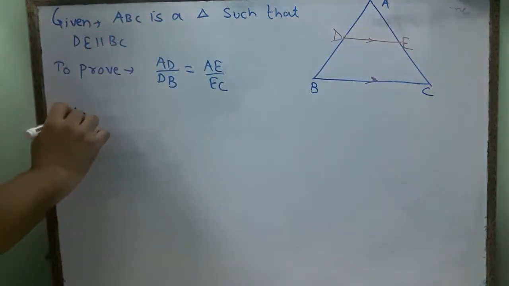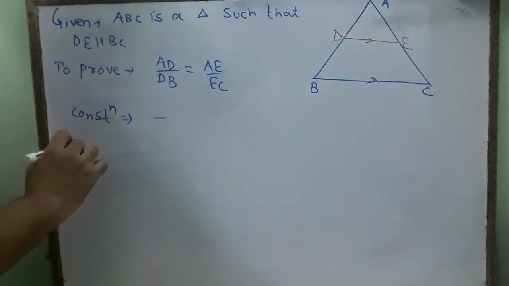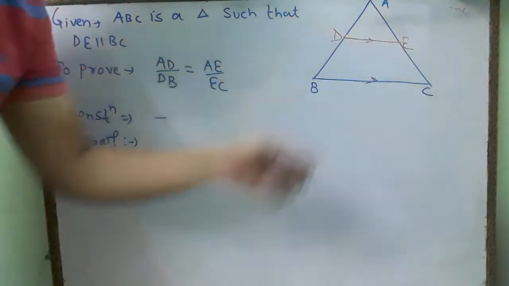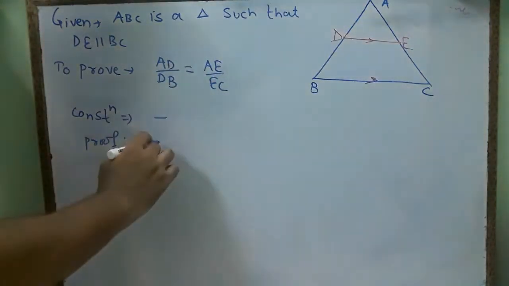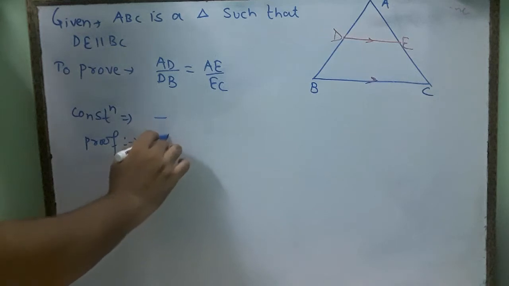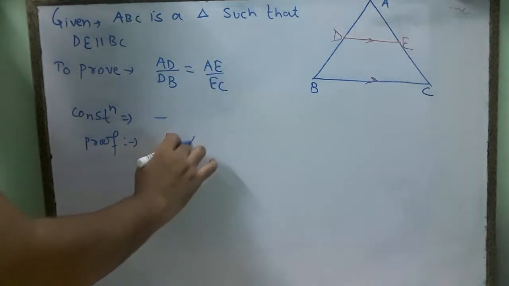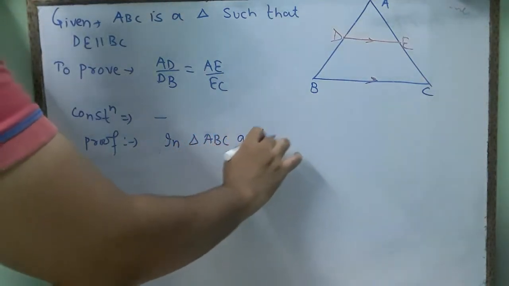Now construction. In the RS Agarwal method there is a construction, but here I will not take any construction. I will prove it by another method. First I will do the similarity criteria, the similarity process. So first, I select triangle ABC and triangle ADE.